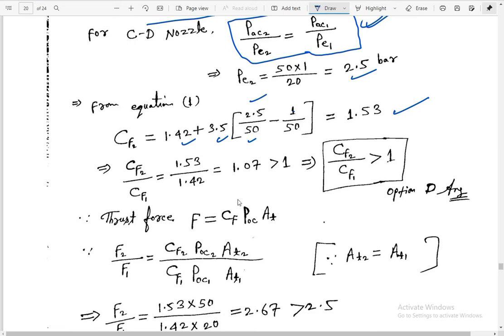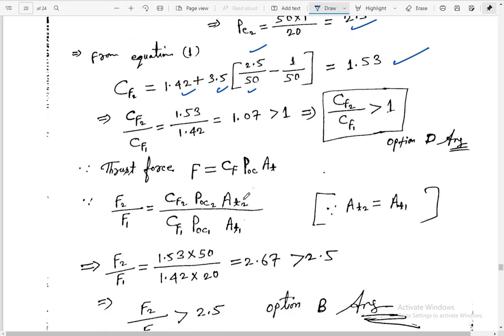The second one is thrust force, F equal to CF times P naught C times At. What is P naught C? P naught C or PAC, the absolute chamber pressure. For this, At2 by At1 is equal, so it will cancel.